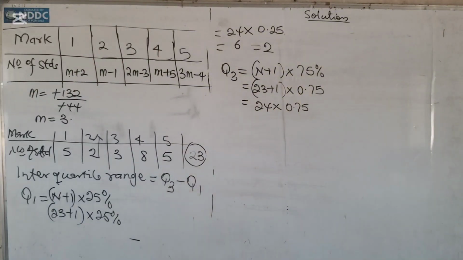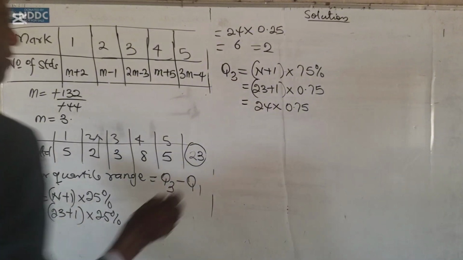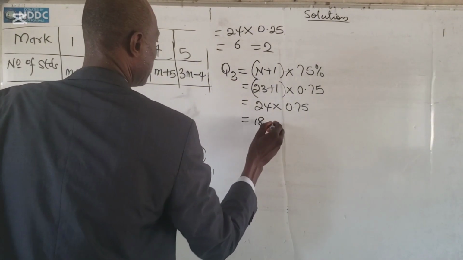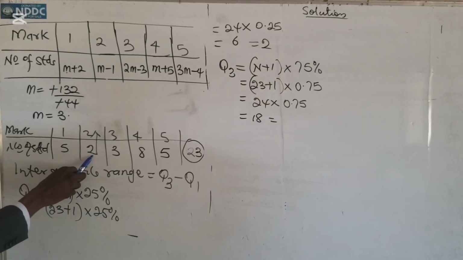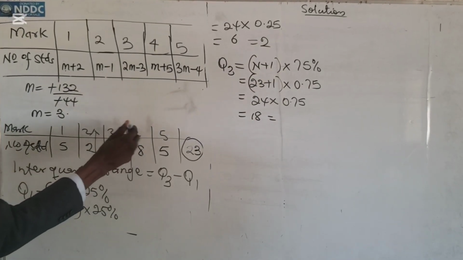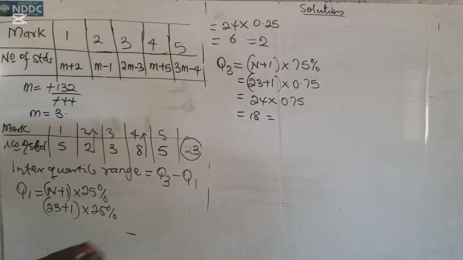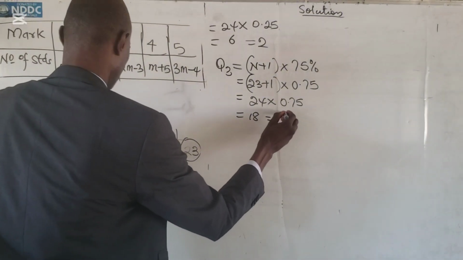What is 24 times 0.75? Gives us 18. Now let's locate the 18th position: 7, 10, 18. So this is the upper quartile.